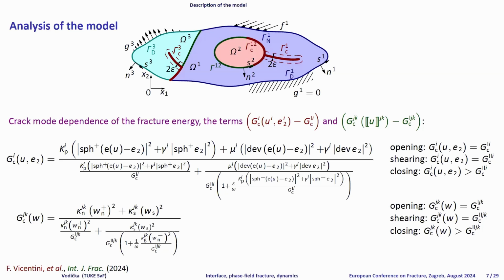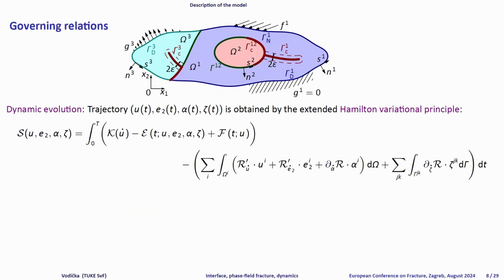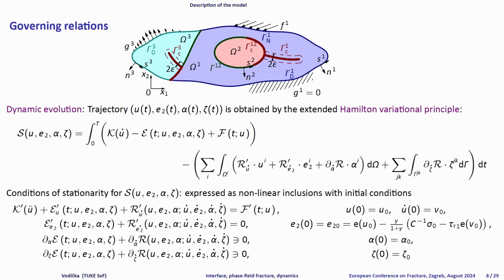Okay, so to describe the dynamic evolution, we may rely on the Hamilton variational principle, here extended for the presence of dissipative forces, which says that the functional of action at the solution defines its stationary point, so that the conditions of stationarity are expressed by the following relations.